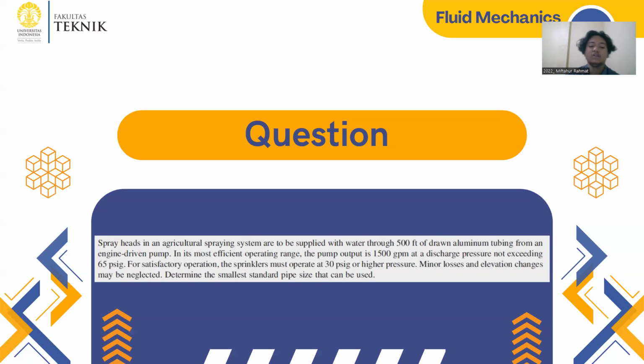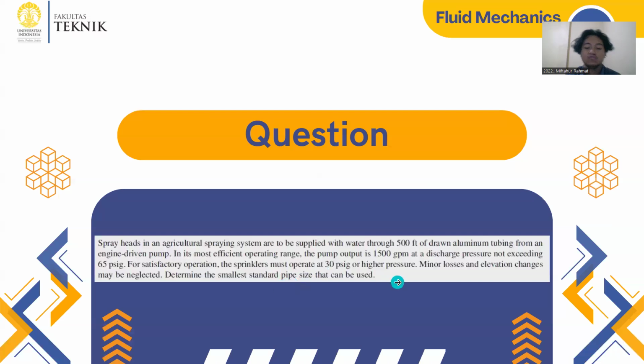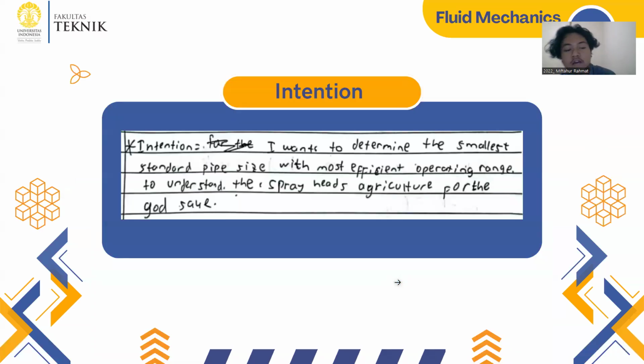For satisfactory operation, the sprinkler must operate at 30 psig or higher pressure. Minor losses and elevation changes may be neglected. Determine the smallest standard pipe size that can be used. So the objective is to find the smallest standard pipe that we can use, right?